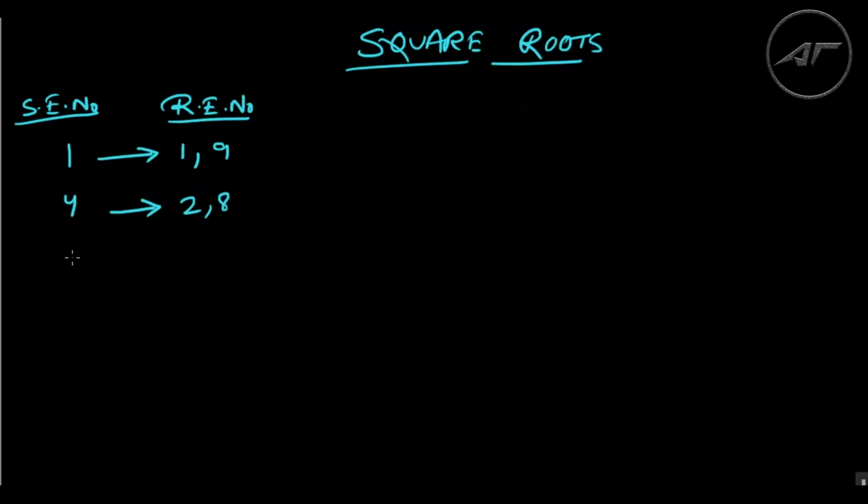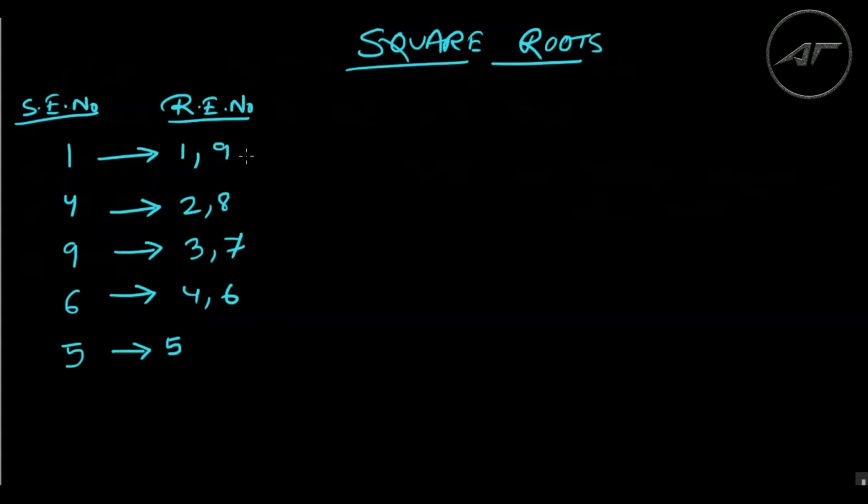If the square is ending in 9, then the root will end in 3 or 7. If the square ends in 6, the root will end in 4 or 6. If the square ends in 5, the root will end in 5.